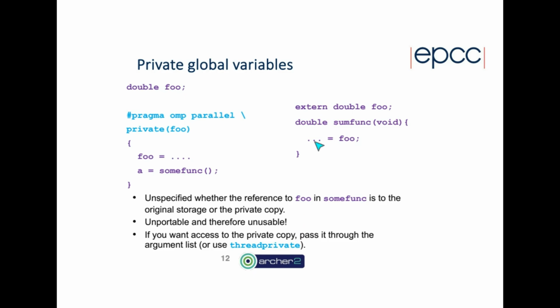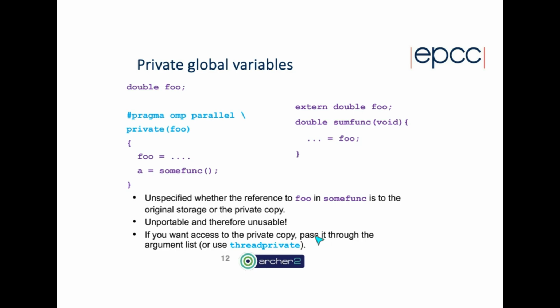The problem arises because the compiler might decide that it wants to inline the body of sumfunc into the parallel region, and for some technical reasons it's very difficult for the compiler to do that and correctly resolve the right references.